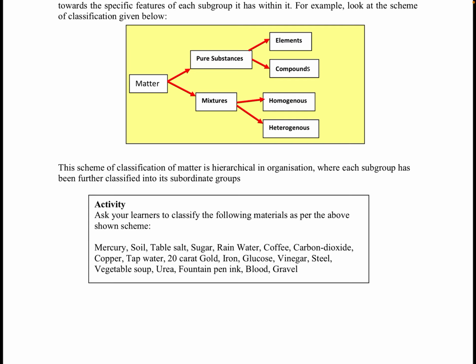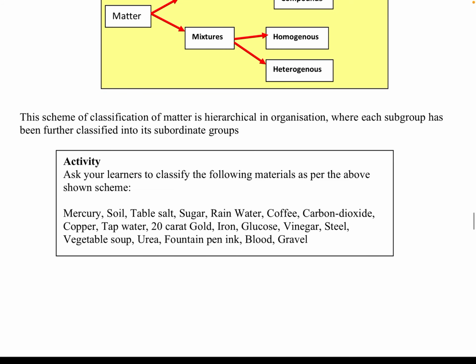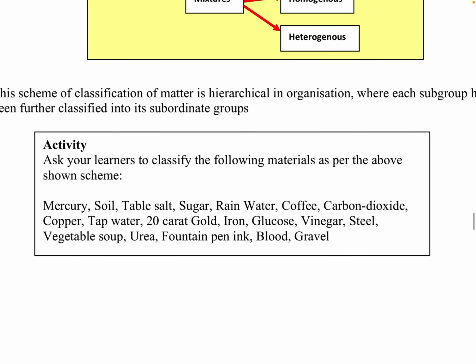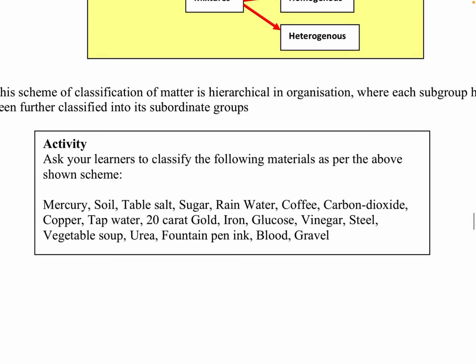After making them clear about this hierarchical way of classification, you can give this type of activity to them. Ask your learners, your students, to classify the following materials as per the above shown scheme. This table. Such as, mercury comes under which group?